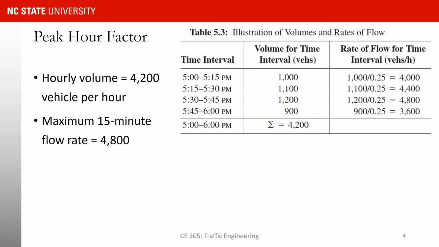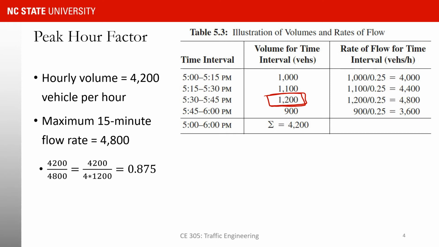So if you want to do that, what you do is that you go and you find the 15 minutes that has the highest volume, okay, and you use that number to determine the peak hour factor.